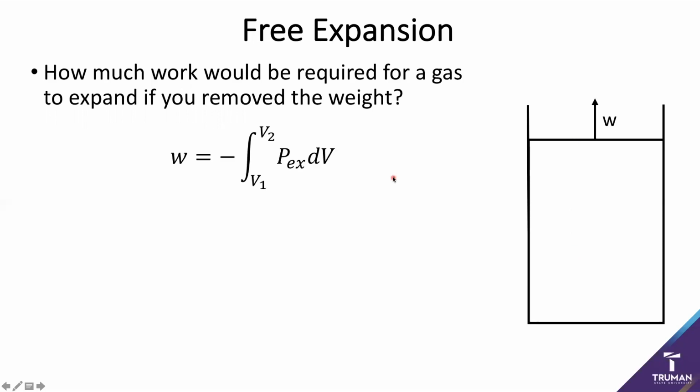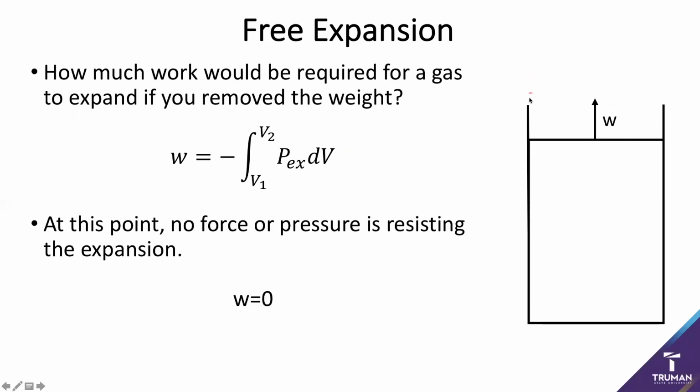So it turns out that we can use our same general equation, where the work is related to the integral of the external pressure times the change in volume. However, let's make an approximation here and assume that the atmospheric contribution out here is fairly minimal and I have no opposing force.